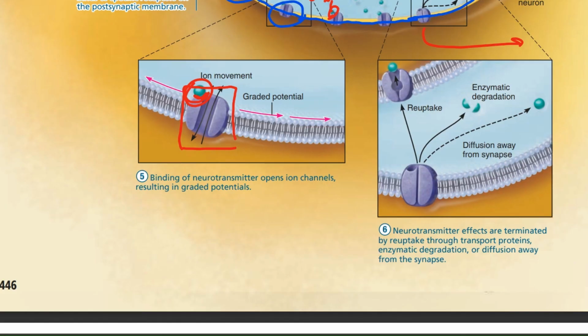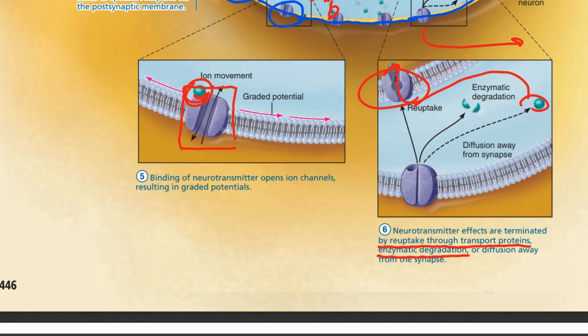And neurotransmitter effects must be terminated. So how does this happen? Either by reuptake through transport proteins, like it will go back by these proteins like this. These are the neurotransmitters. After it does its work, it will go back to the presynaptic neuron through these transport proteins, or it will be degraded by enzymes.